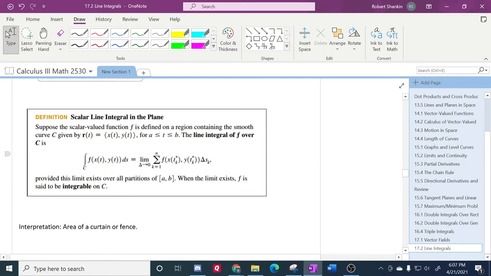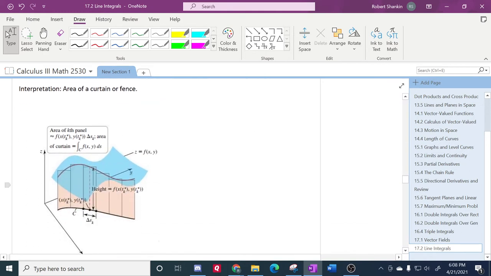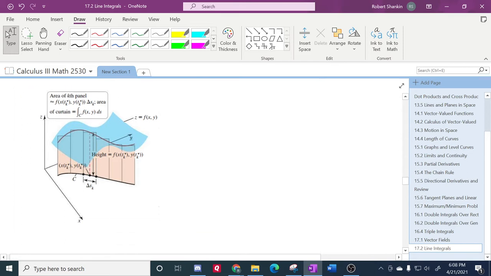Now, interpretation. It's the area of a curtain, or some people have a better time thinking of it as a fence. So, here we see C is always a curve in the xy plane, down here. And then we have this surface that's blue, that's above the entire xy plane.